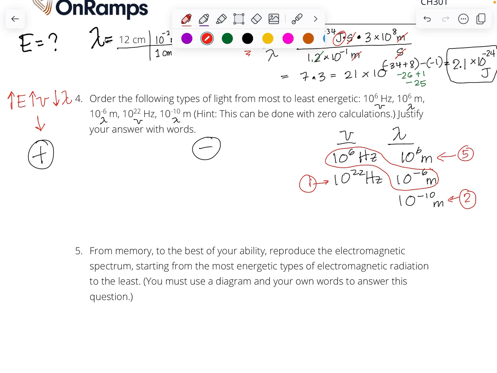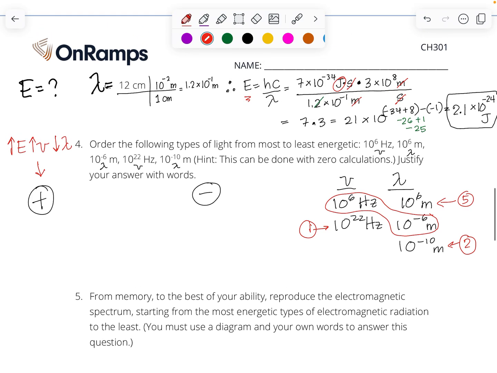So remember when we were solving for energy, and we had frequency, that is just times whatever that frequency is times Planck's constant, so 7 times 10 to the minus 34. But when we have wavelength, it is Planck's constant times the speed of light divided by the wavelength.